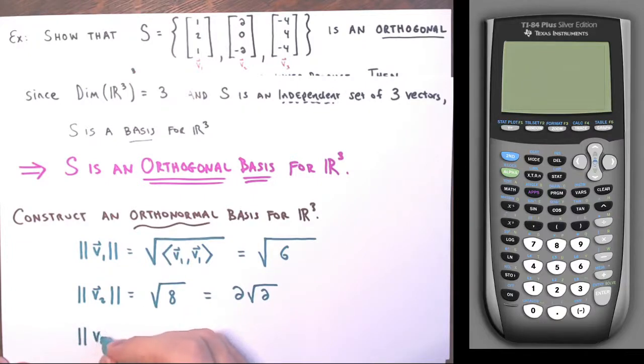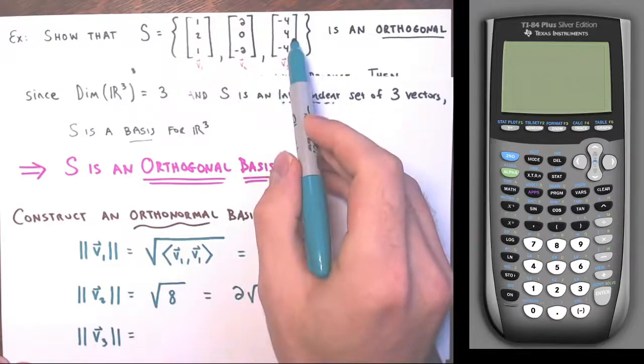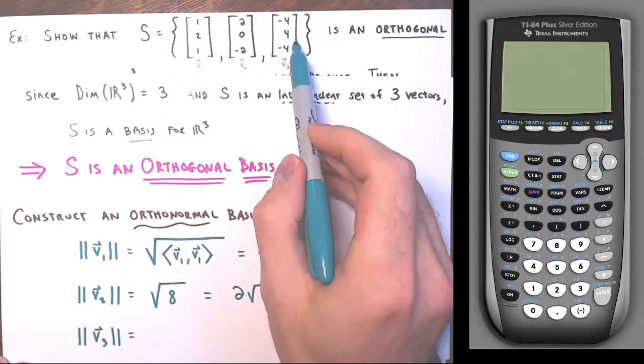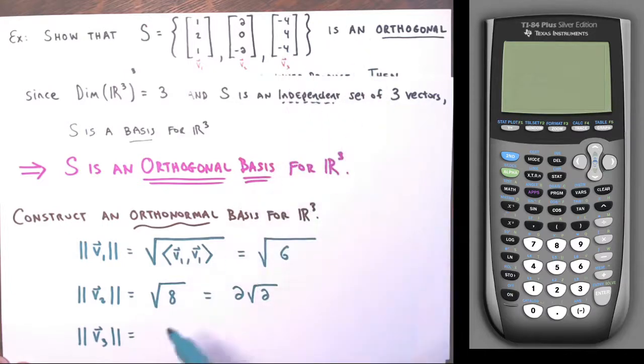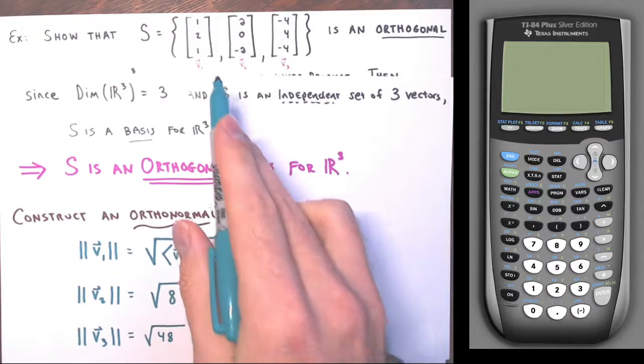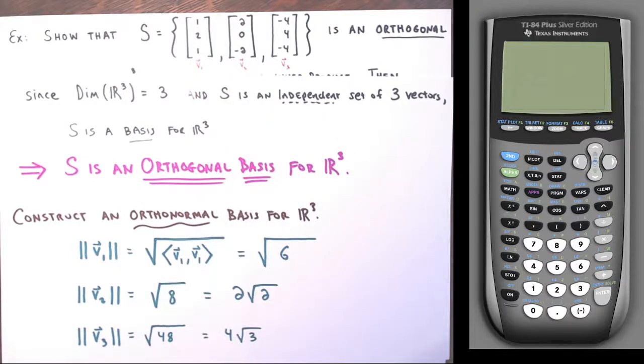And then the norm of the third vector, again, the square root of the dot product of this vector with itself. That'd be 16 plus 16 plus 16, the square root of 48, which is 16 times 3, so 4 times the square root of 3 if you want. But again, none of these are unit vectors, but we're going to make them into unit vectors, or normalize them, by dividing by the norms, multiplying by the reciprocals of the norms.